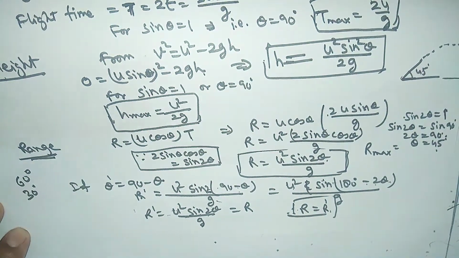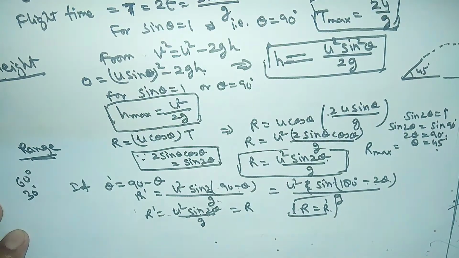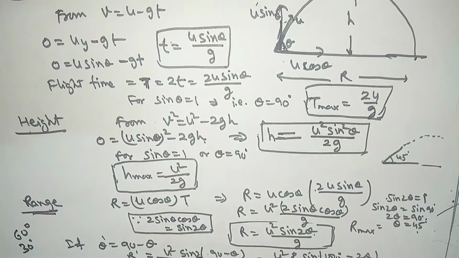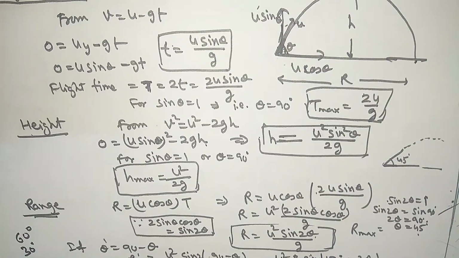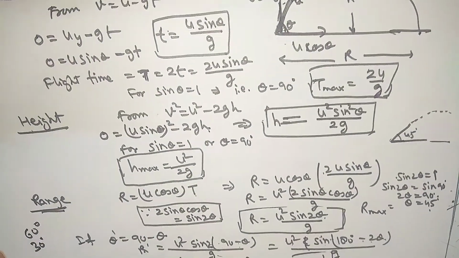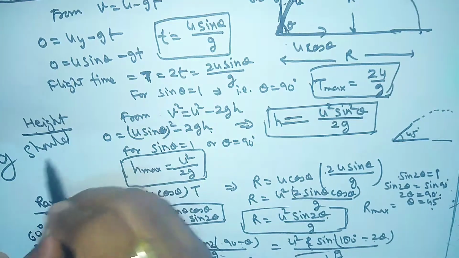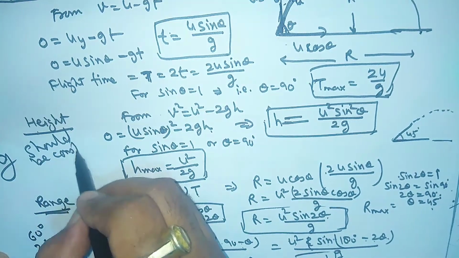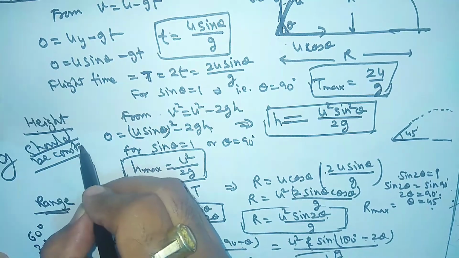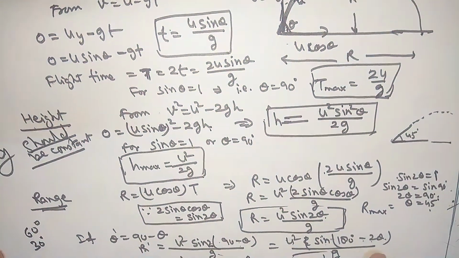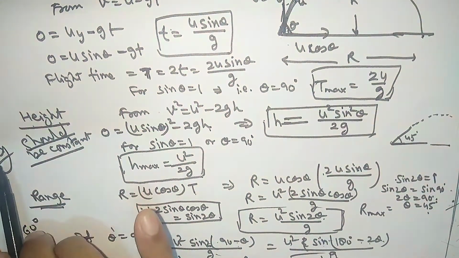So dear students, this is about the projectile, and one more thing you should know about projectile motion is that the small g remains constant. Small g should be constant. It means you should not throw the body to a very great height, otherwise small g will change.